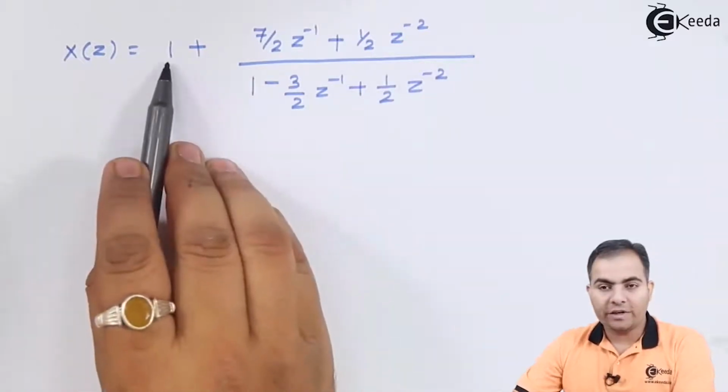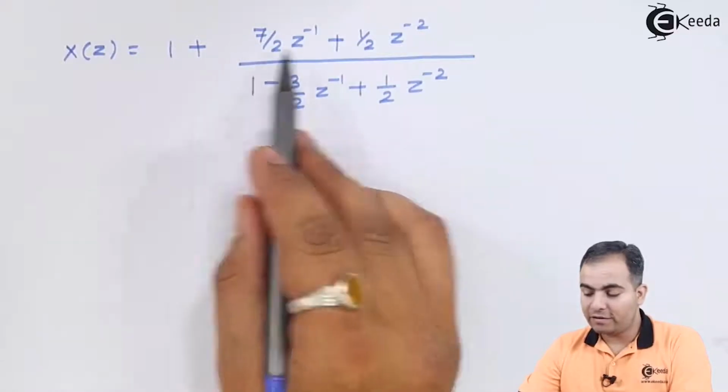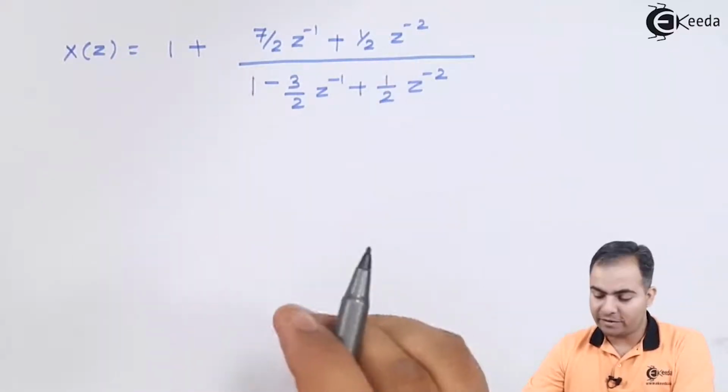Now, 1 is my quotient, this one is my remainder, and the last one is my divisor.